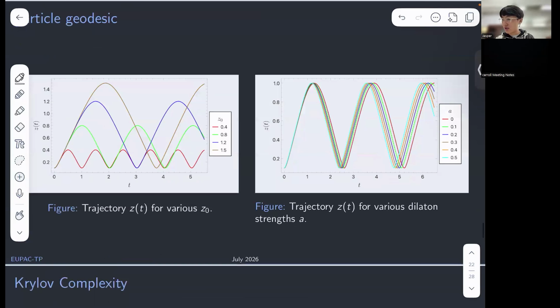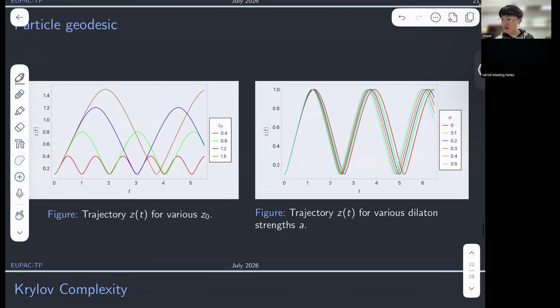So this is one of our results. As we can see, we have tracked Z here. This Z of t is the position of the particle in the radial coordinate, and we can see that the particle is going up and down, then up and down. It's oscillatory in nature, right?